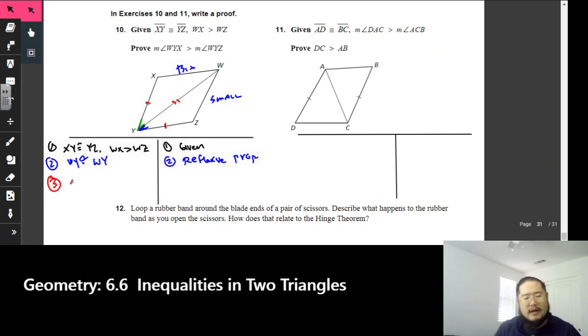So I can go ahead and say now, with the help of the reflexive property, because that gave us two sides, and then we actually have the third side because they gave it to us in the description right here, that the measure of WYX is greater than the measure of angle WYZ. And right here, because it's two sides, and then they give us a description of the third, we can go ahead and put the converse of the hinge theorem, or to the hinge theorem.